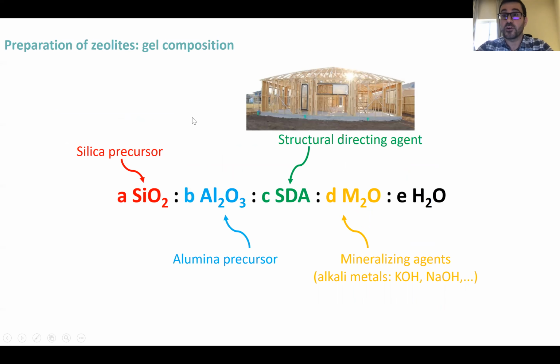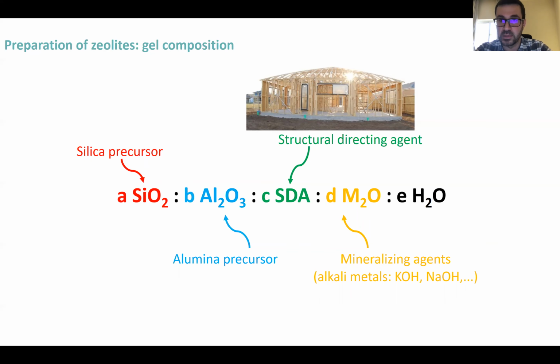If you're cooking at home, you know you will need a lot of ingredients, and so does zeolite synthesis. Some of them, like the silica, are obligatory if you want to have a silicate or aluminosilicate. Alumina is also important, but it's not obligatory. You can build a zeolite without the presence of alumina.